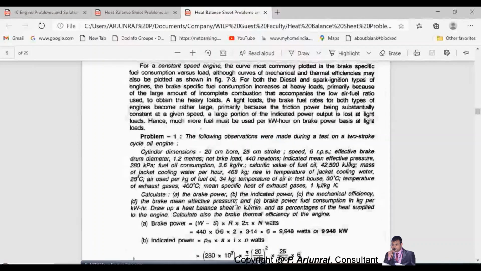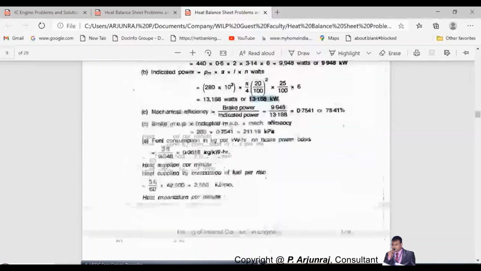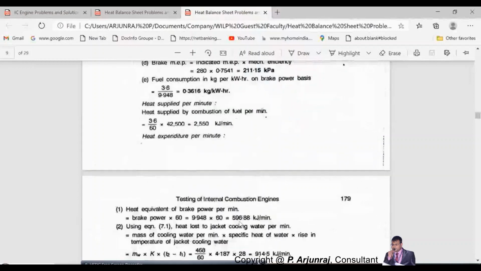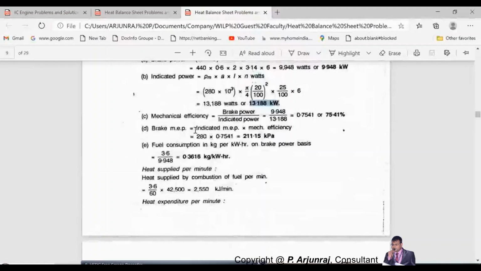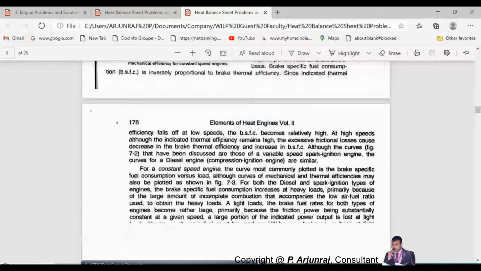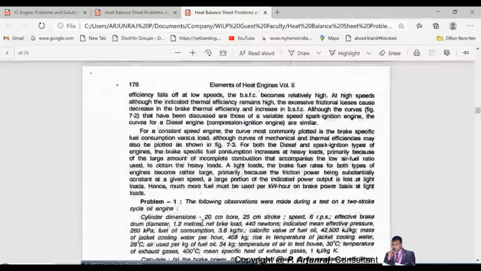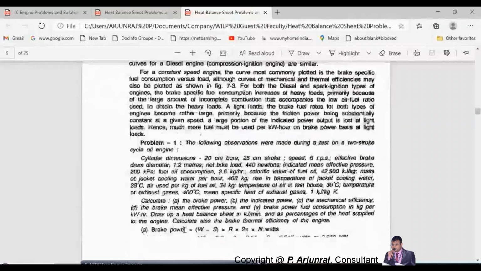The brake mean effective pressure, if you are asked to calculate it, is the indicated mean effective pressure times the mechanical efficiency. The indicated mean effective pressure is already given as 280 kilopascal.